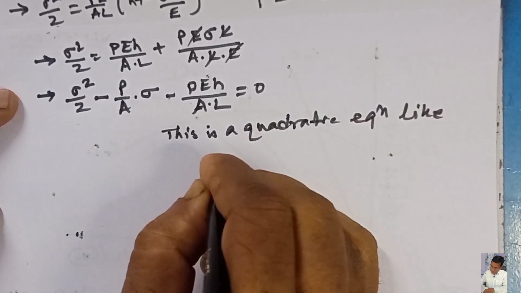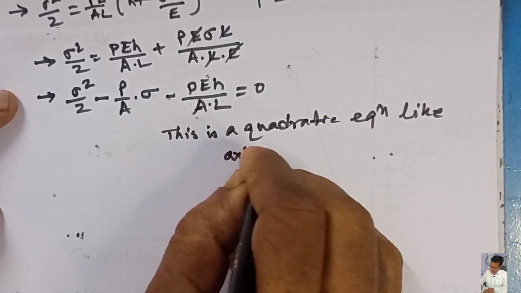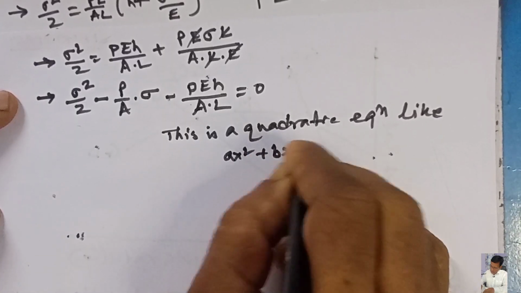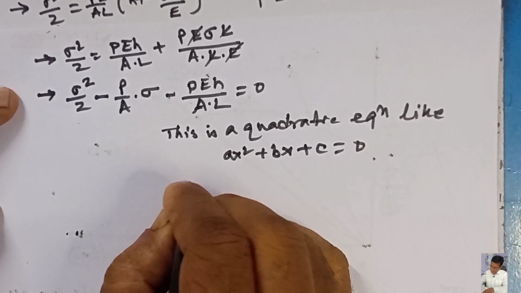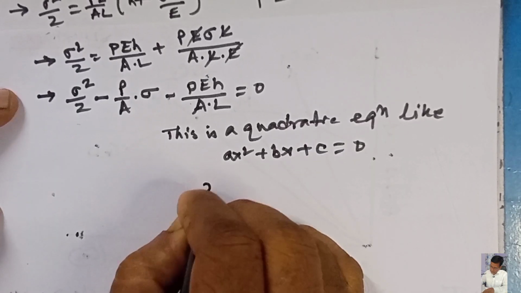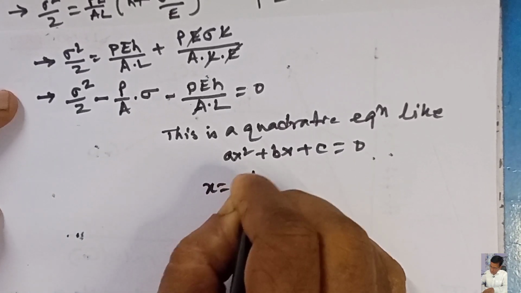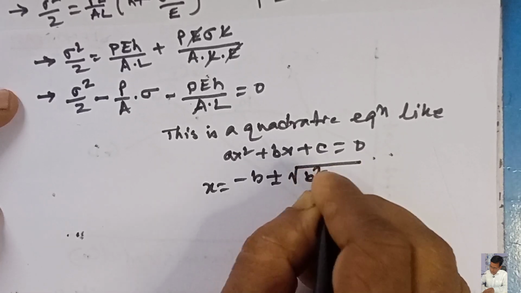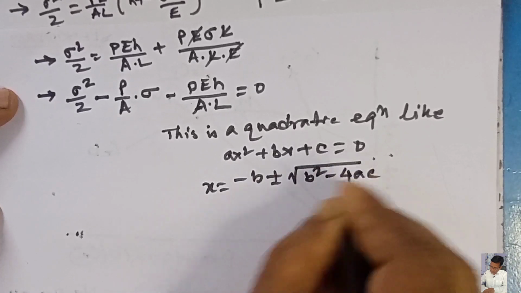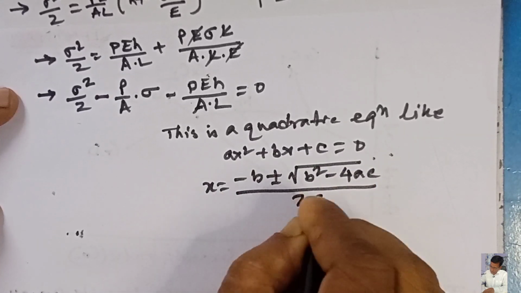Like ax square plus bx plus c is equal to 0, where x is equal to minus b plus minus root over b square minus 4ac divided by 2a.